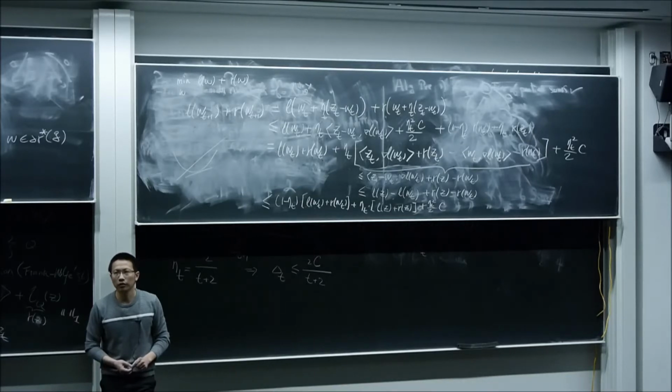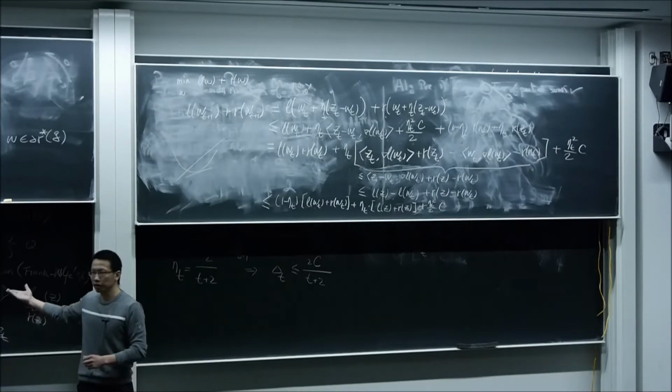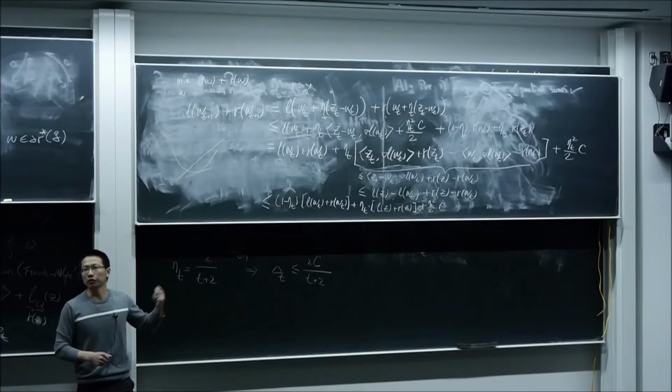So that actually gives you the linear rate for the proximal operator. Interesting. Yeah, so we use essentially the same idea. We just constrain ourselves and then do a line search to compensate.